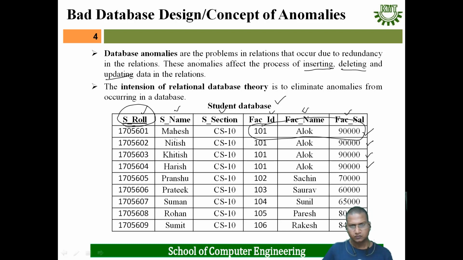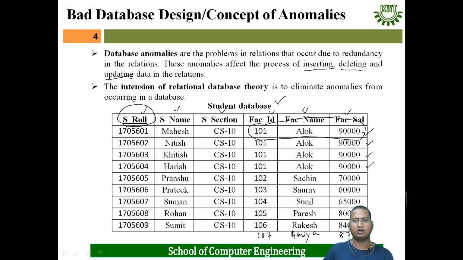Suppose a new faculty joins the university. Can we add the faculty information without assigning any student to that faculty? Suppose the faculty ID is 107, the name is Omiya, and the salary is 87,000.